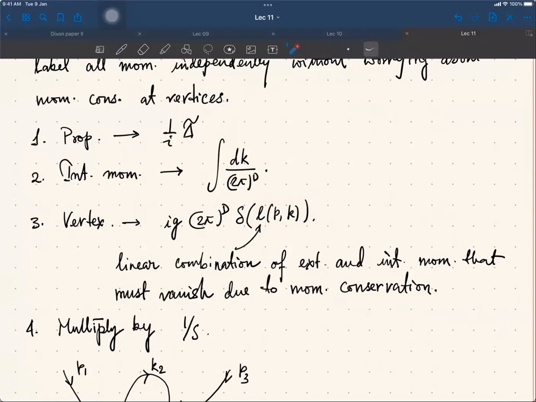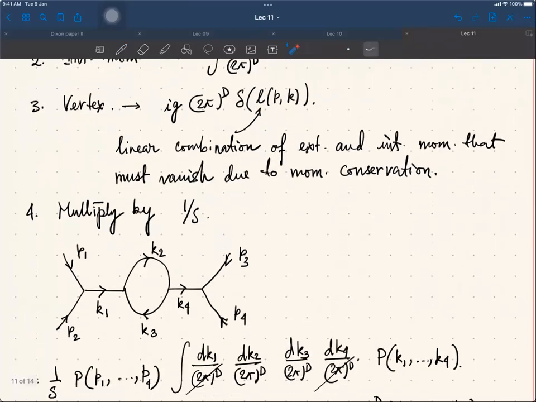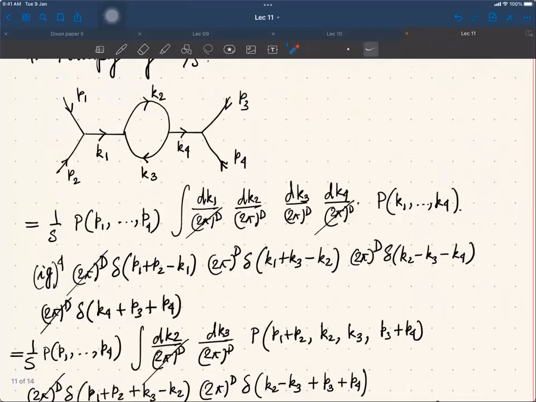So the total number of independent equations, those which fix internal momenta, is one less than the number of vertices that we have, right? This is crucial for the analysis that we are going to do next.